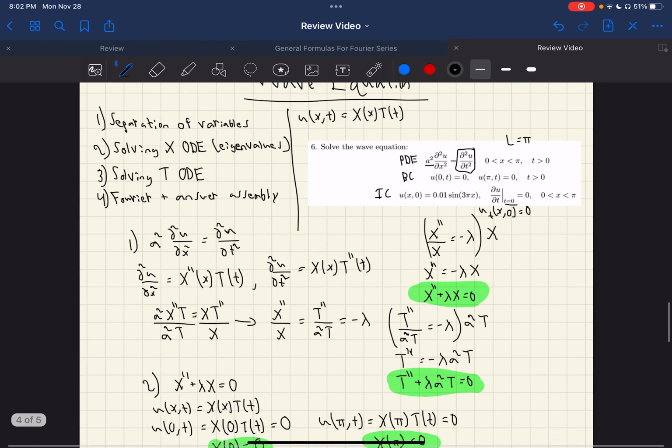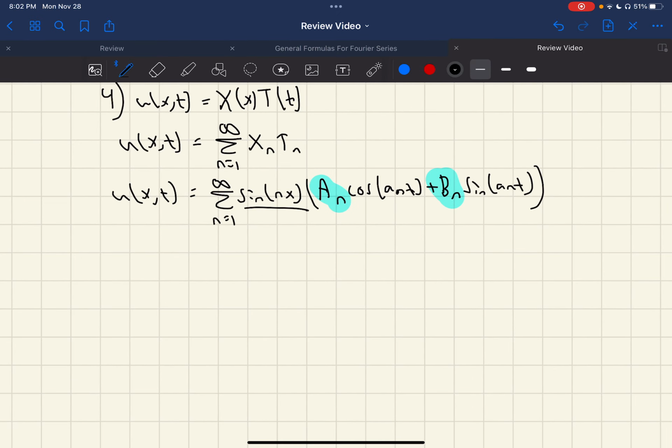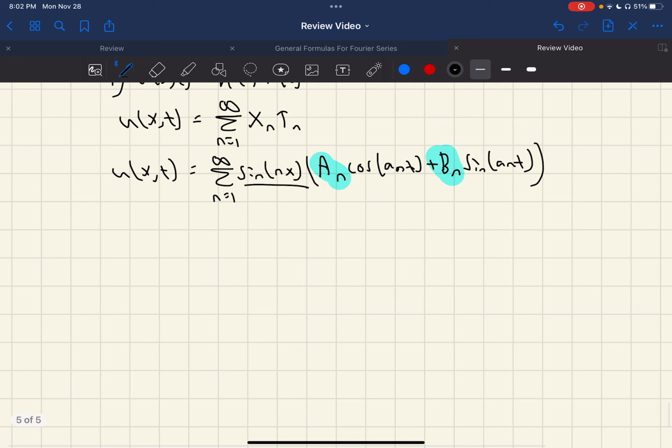So we have two. We'll go over the first one, which is u of x, 0 is equal to a little sine function. And what we do is anytime we see a t, we just plug in 0. The sine of nx stays the same. When you plug in 0 into the cosine, it goes to 1, so we have A_n.